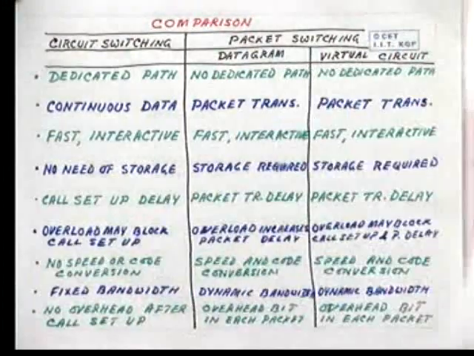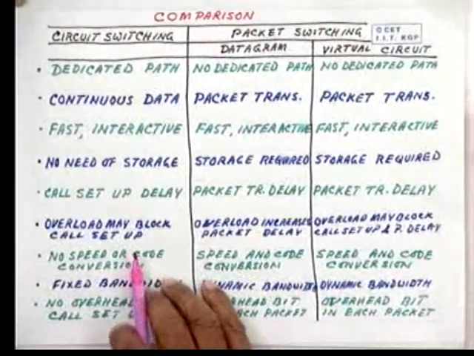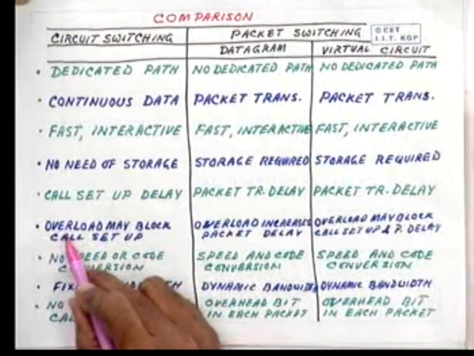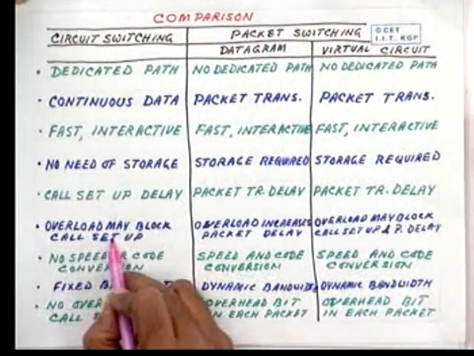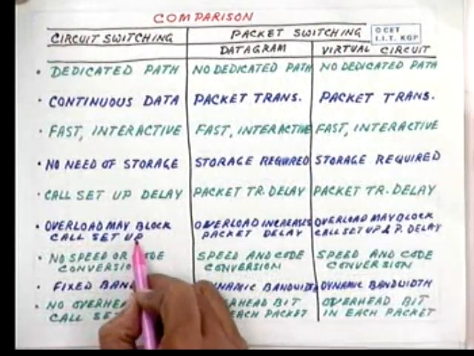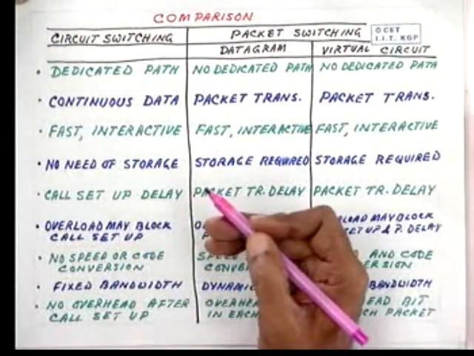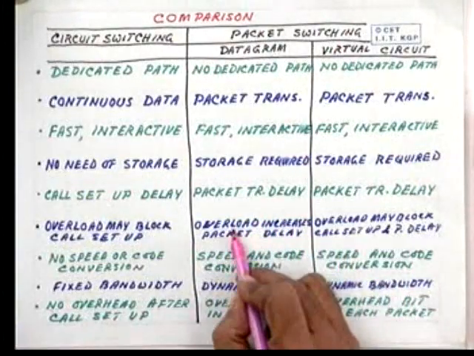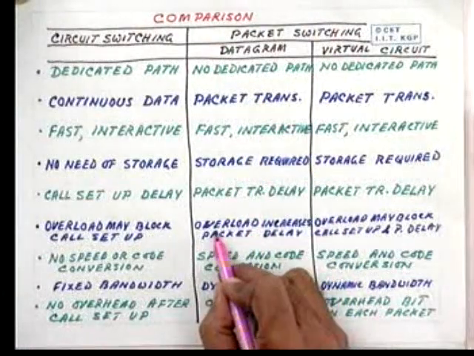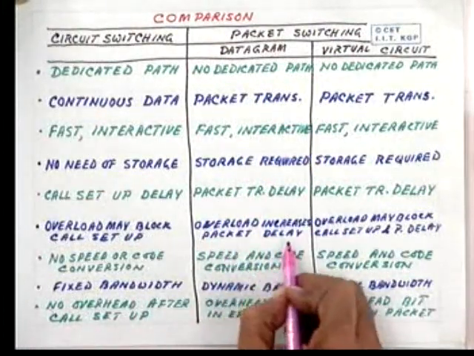Then in case of circuit switching, when there is overload and you have a large number of packets to be sent, it may block the call setup. If you don't get a path, then you will not be able to establish a link, as you have seen while discussing circuit switching. In case of datagram type packet switching, overload increases packet delay.